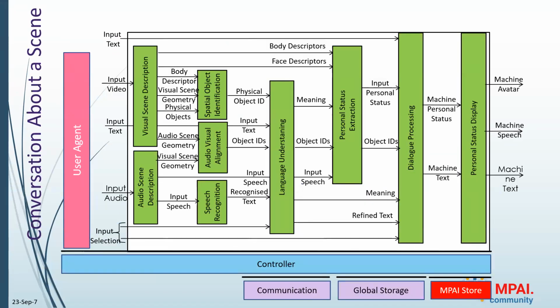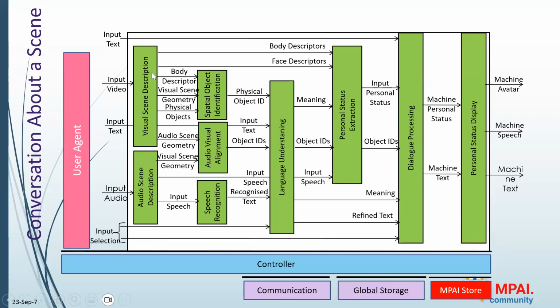So let's see what we try to address. MPAI works on the basis of use cases in general, and we have identified quite a few that need common technologies that fit under the heading of object and scene description. So, for instance, we have this here.